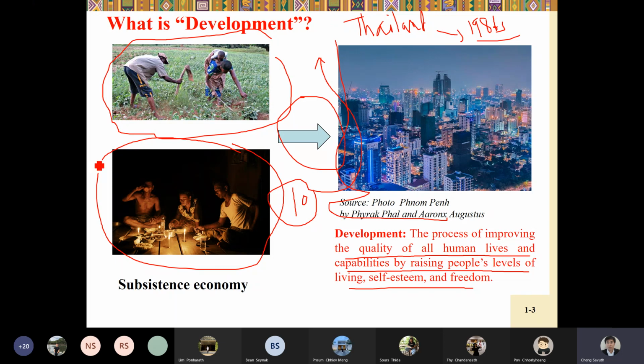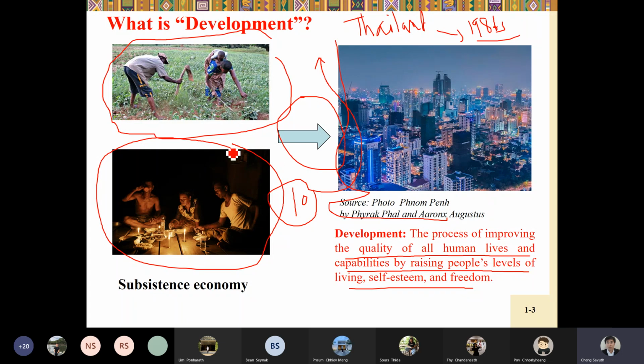But the good lesson from Thailand is that from around the 1980s they kept growing. Economic growth kept growing from one year to the next. By today, if we count, it is almost 20 years, 30 years.